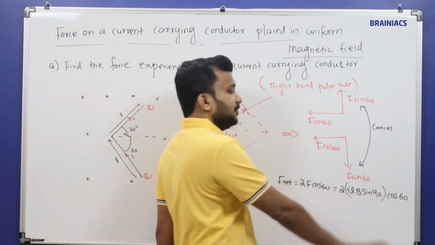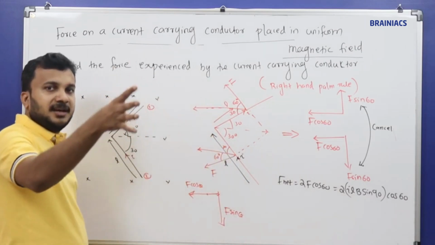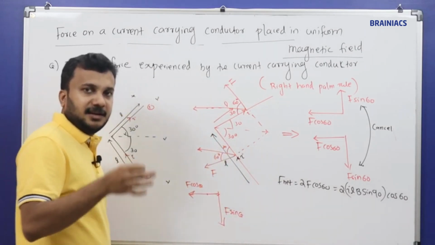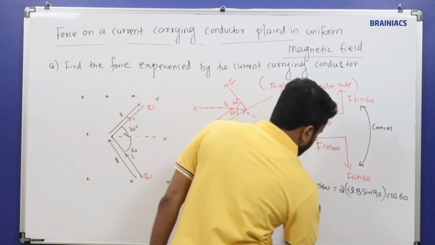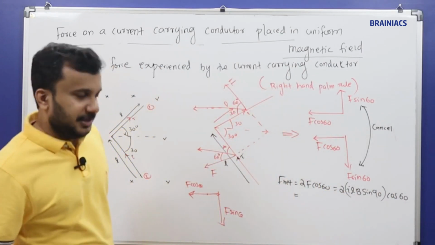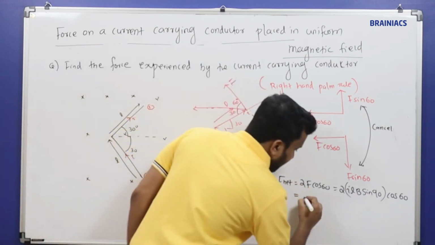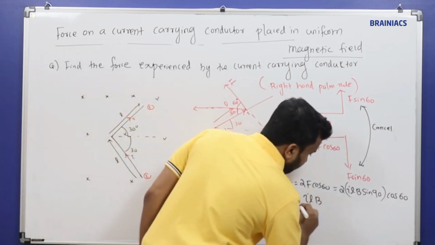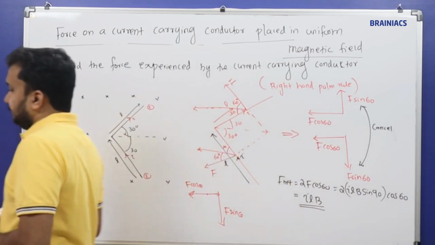That's why it is written F equals I into L cross B, LB sin theta, theta equal to 90 degrees. So finally we get 2ILB cos 60, which means 1 by 2, and sin 90 is 1. So the answer is ILB.